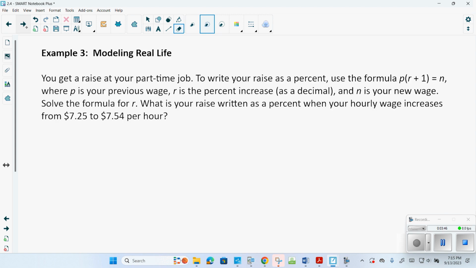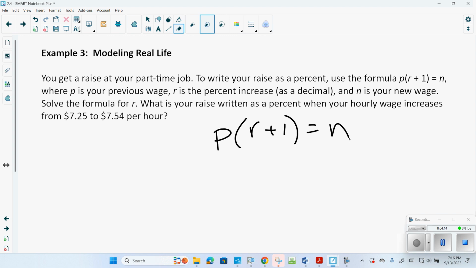You get a raise for a part-time job. To write your raise as a percent, use the formula P times R plus 1 equals N, where P is the previous wage. So I'm going to write that down. P times R plus 1 equaling N. Solve the formula for R. What is your raise written as a percent when your hourly wage increases from $7.25 to $7.54?